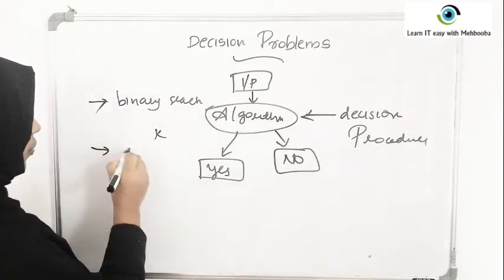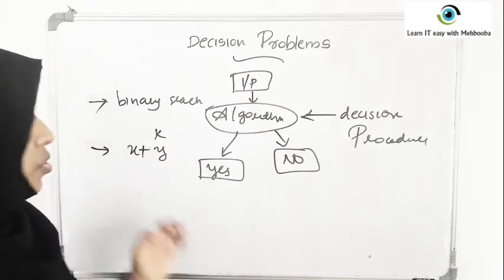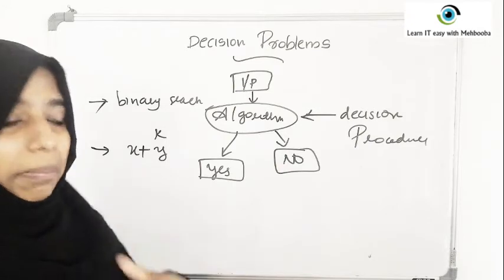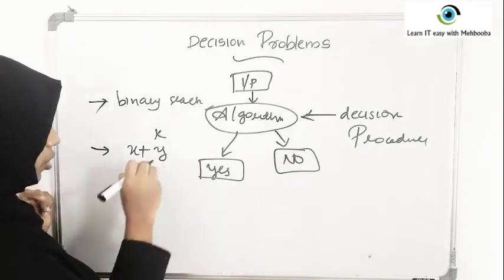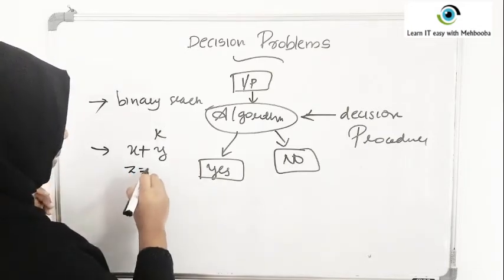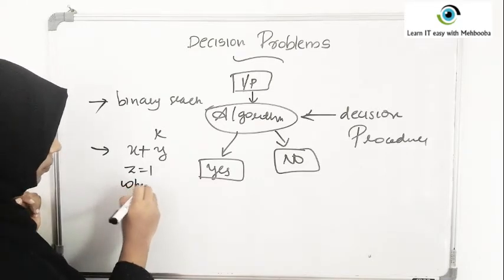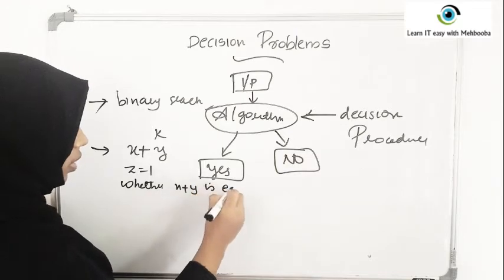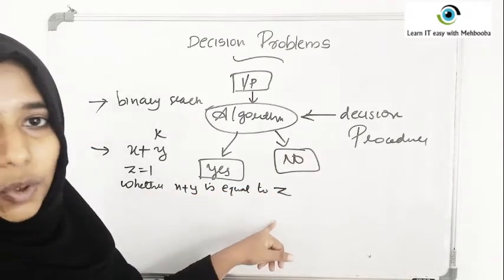Another example is we have to calculate x plus y. We know that this is definitely not a yes or no problem, but again we can convert this into a decision problem. To do that, initialize some variable z as 1. Now ask whether x plus y is equal to z. Now it is a decision problem, isn't it?